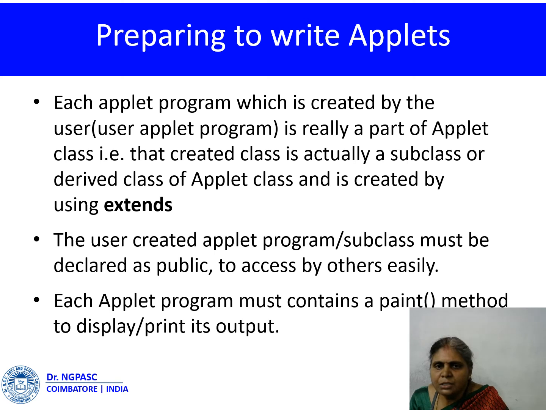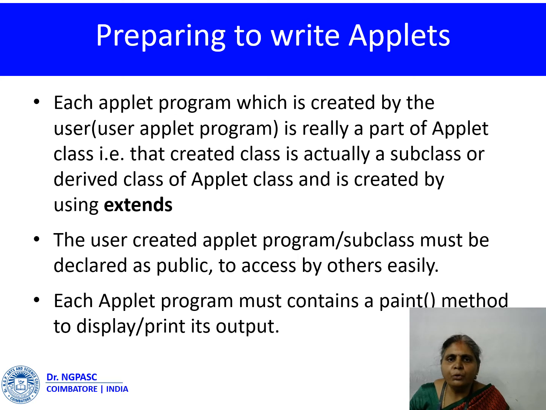Because the Applet class does not have a main method. Instead of a main method, it has a paint method which was discussed previously, and the paint method uses an object of the Graphics class, which is available in the AWT package. So we have to import both the java.awt and java.applet package classes. Then only is it possible for you to write the Java code.